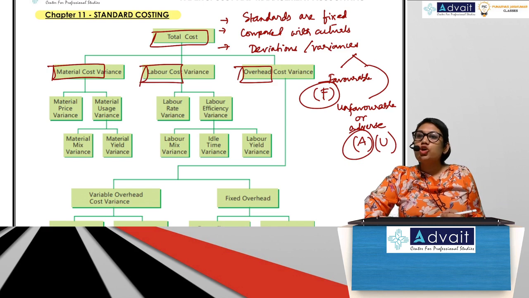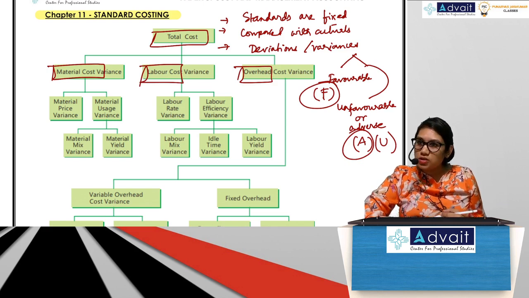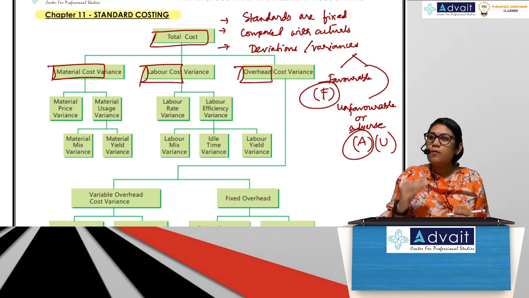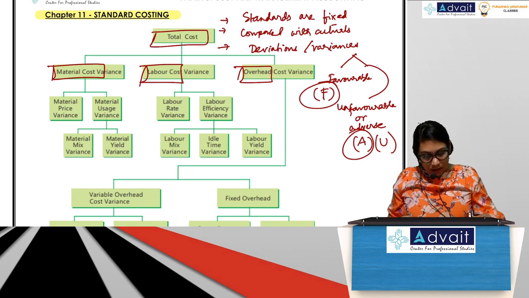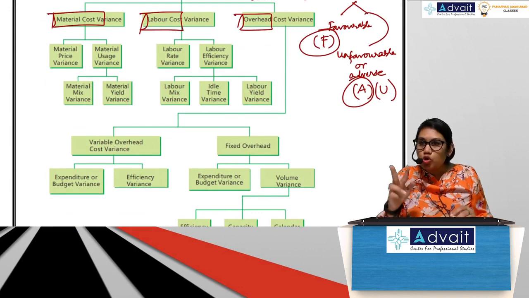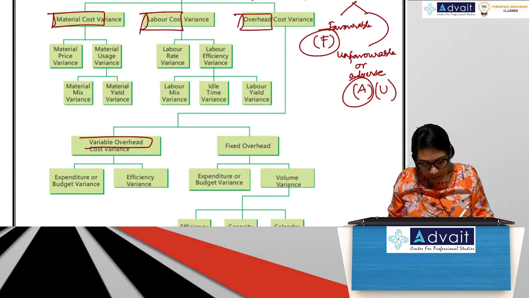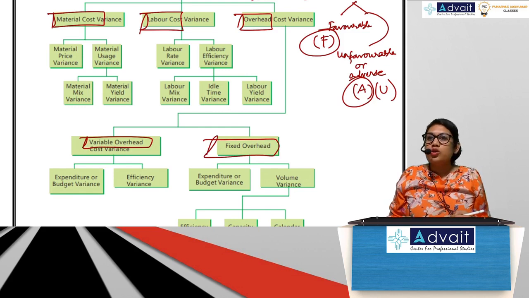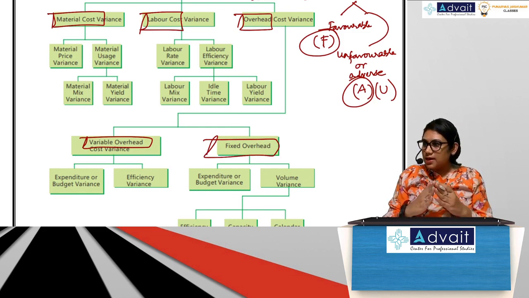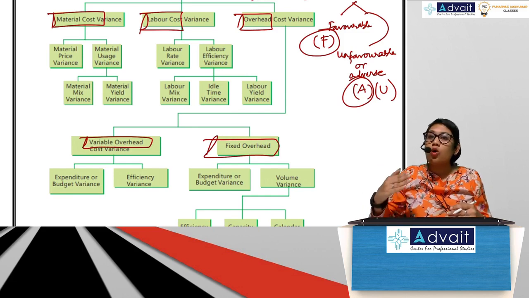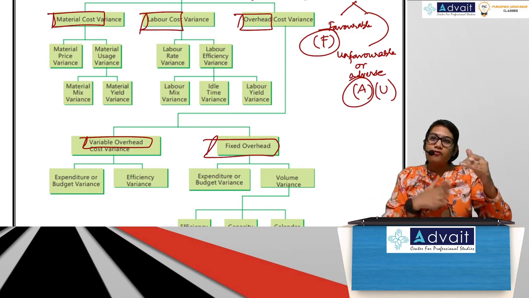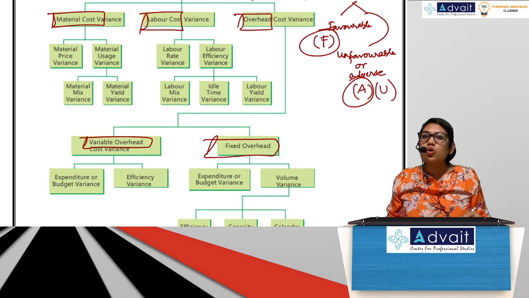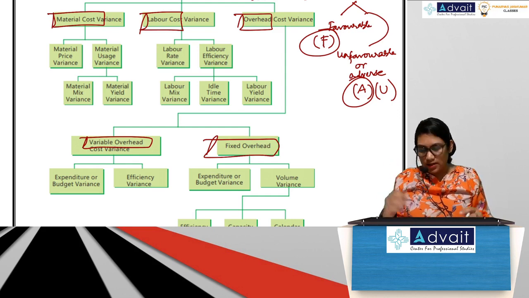So we will be calculating our deviations or variances for material, for labor, for overheads. Now overheads have two parts: variable overhead, fixed overhead. So the overhead variances will be categorized into variable overhead variances and fixed overhead variances. So we will directly move on to material variances.